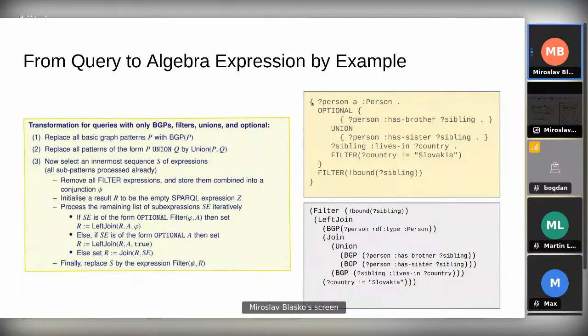SPARQL allows nested expressions, so here you see nested expressions, and you start from the innermost. What you do is you remove all filter expressions and store them combined in conjunction. What is it? Phi.